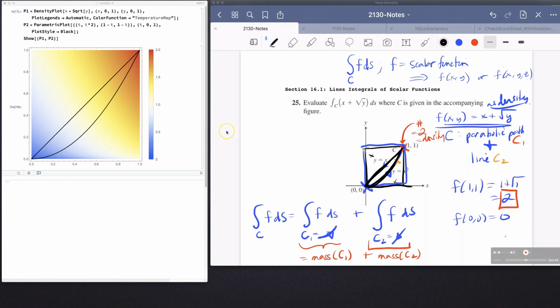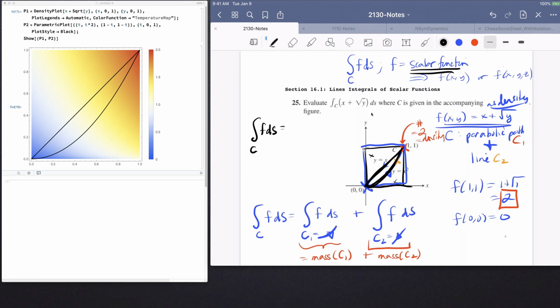So that is the interpretation of these line integrals of scalar functions as density functions: they give you the interpretation of mass. In the next video, we'll talk about how you actually evaluate these line integrals, and they are evaluated by doing the integral from t equals a to t equals b.